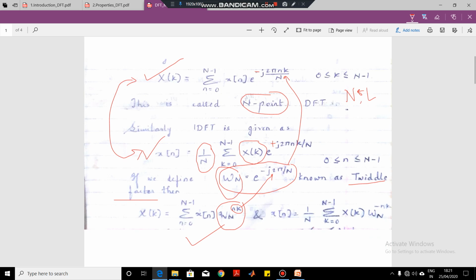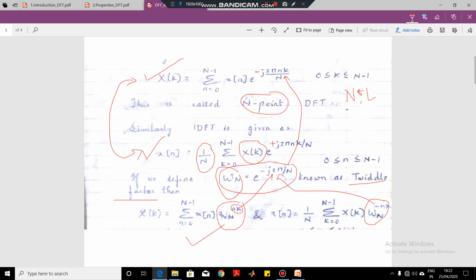Similarly for IDFT, it will be WN minus nk. Why minus nk? Because here it is a minus sign and here we have to have plus. So minus of minus will become plus. Okay, so that's why for IDFT it will be WN minus nk, and for DFT it will be WN nk. But don't get confused about this minus and this plus.